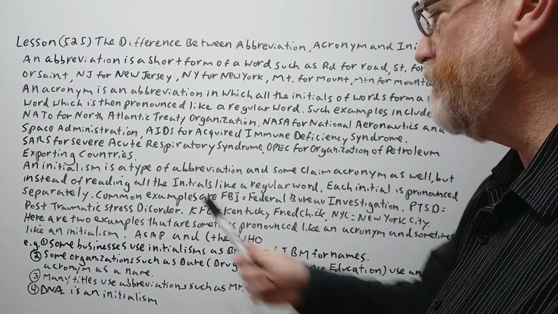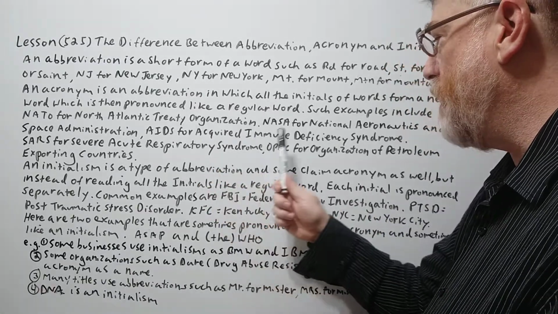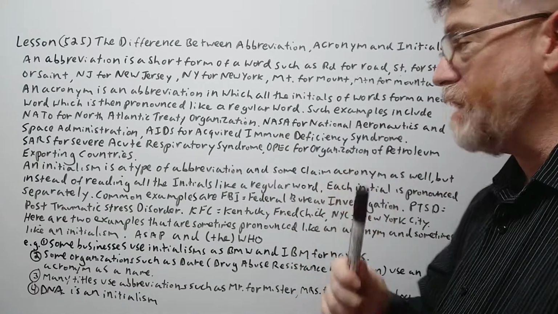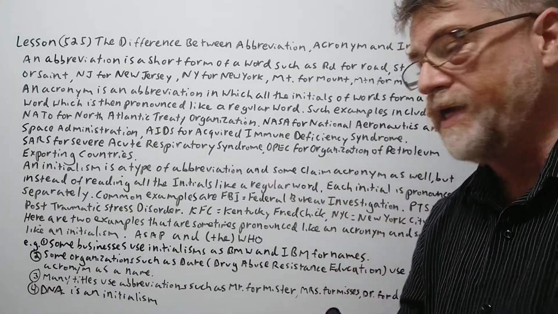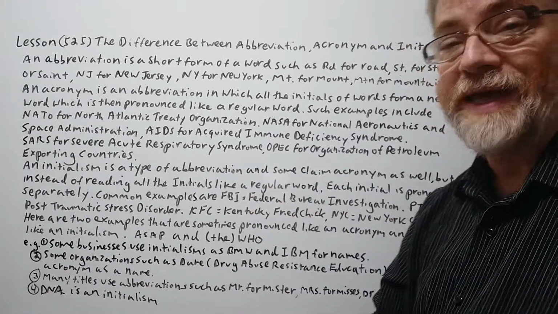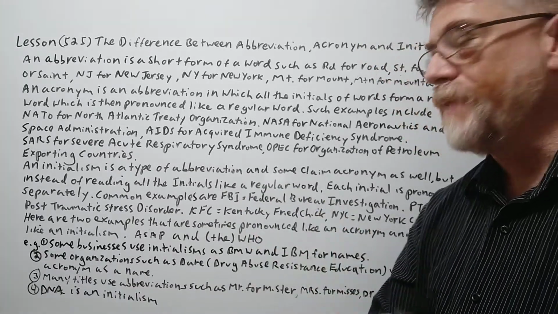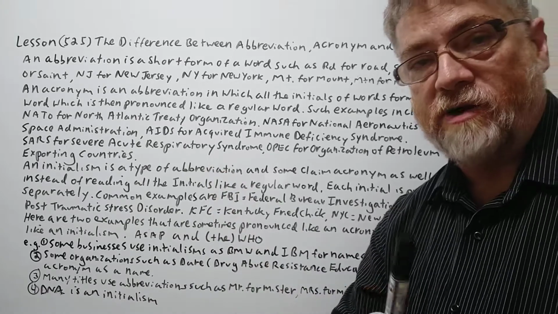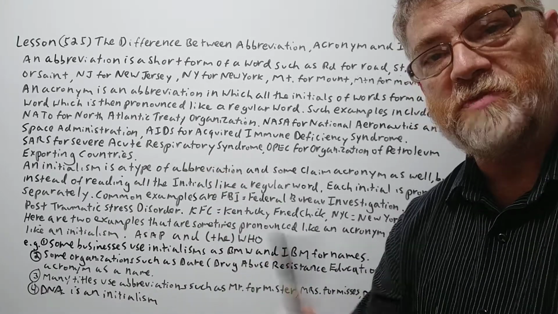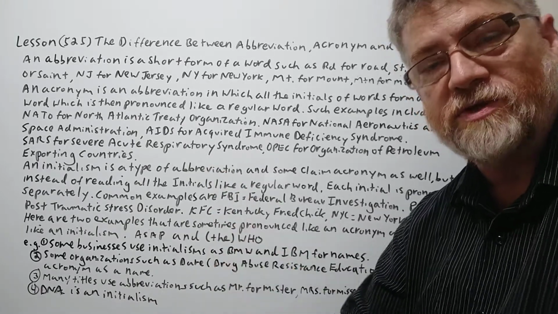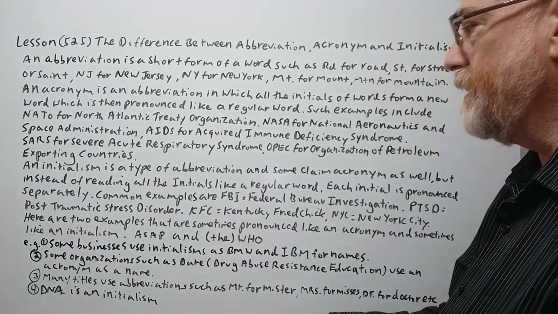All right, let's continue. AIDS for Acquired Immune Deficiency Syndrome. I remember this was one years ago, especially in Asia. A lot of students used to say A-I-D-S. So they actually used to read it like an initialism. But it is, in fact, an acronym. Nobody in the States says A-I-D-S. Everybody says AIDS, like somebody got AIDS or somebody recovered from AIDS.